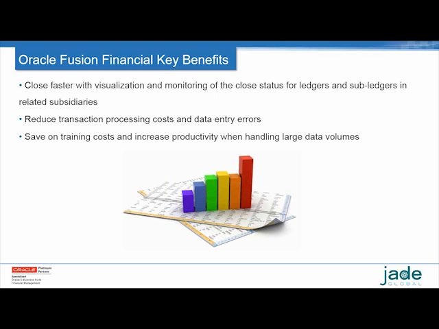As I said, no custom solutions need to be developed here, so you don't need to bring any IT team. There is no IT involvement, and your IT cost is reduced. Since these are automatic integrations, your data entry errors also go away. And you can save on training cost and increase productivity when handling large data volumes.